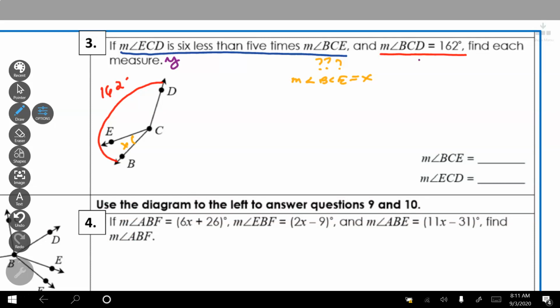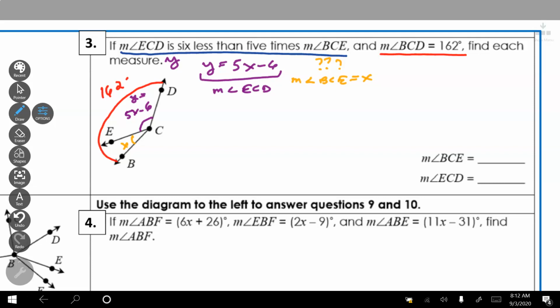But I have the expression that y equals 6 less than 5 times the measure of angle BCE, so 5x minus 6. So this one in purple, the measure of angle ECD, is 5x minus 6, because that's the y value.